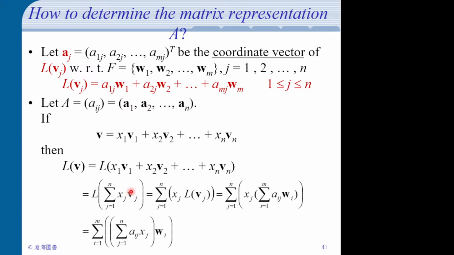The next equal sign uses the linearity of L: because L is a linear transformation, you can take the summation outside, and then you can take the coefficient outside.